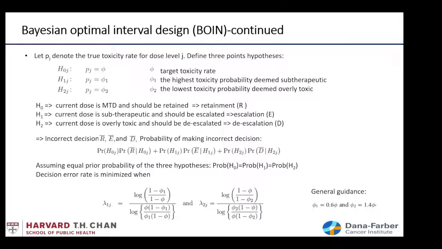H1 is that the true toxicity rate of dose level j is below the target level, phi 1, subtherapeutic. And H2 is that the true toxicity rate is above phi 2, deemed overly toxic.